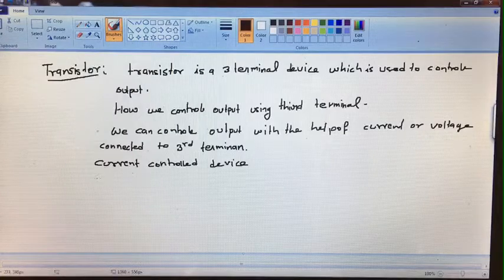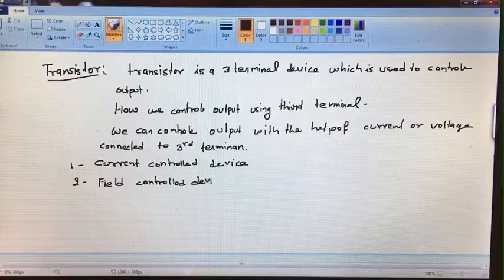And when we control the output with the help of potential applied across third terminal, then it is known as field controlled device. And also voltage controlled source.